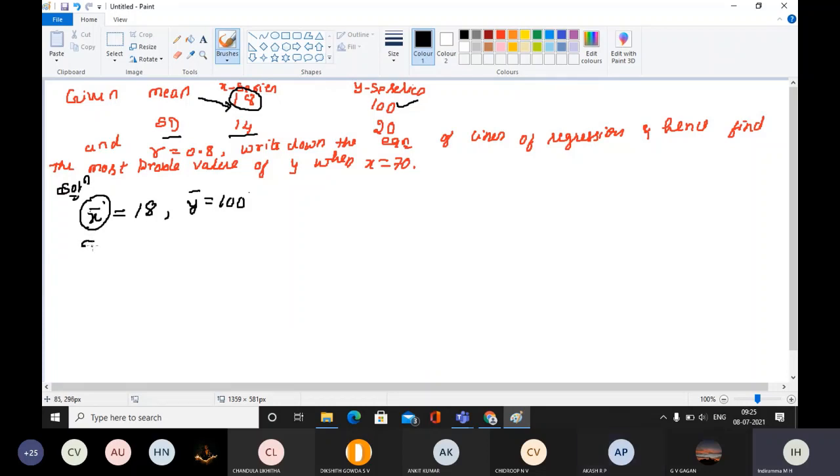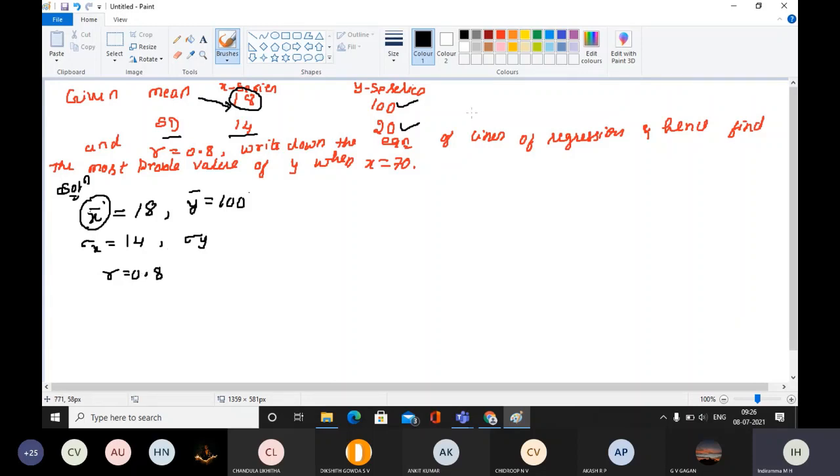Sigma x equal to 14. What is the standard deviation of y given? Sigma y. Okay, this is the given data. And also they have given r, r is equal to 0.8.